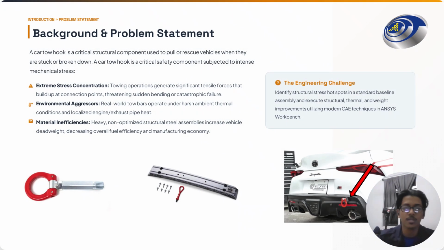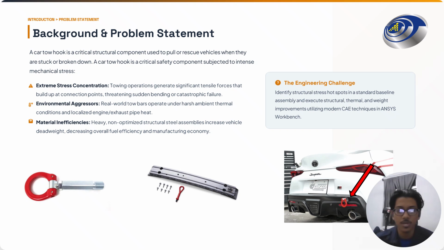A car tow hook is a critical structural component used to pull or rescue vehicles when they are stuck or broken down. It is a critical safety component subjected to intense mechanical stress.